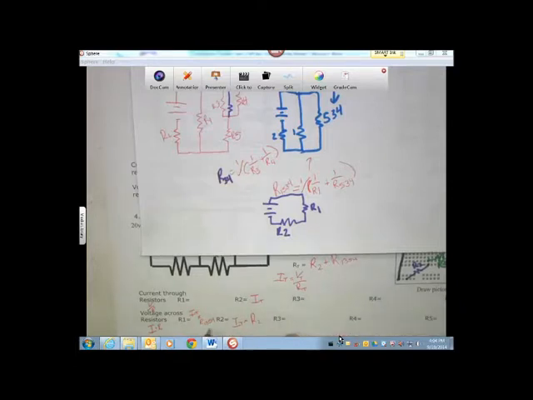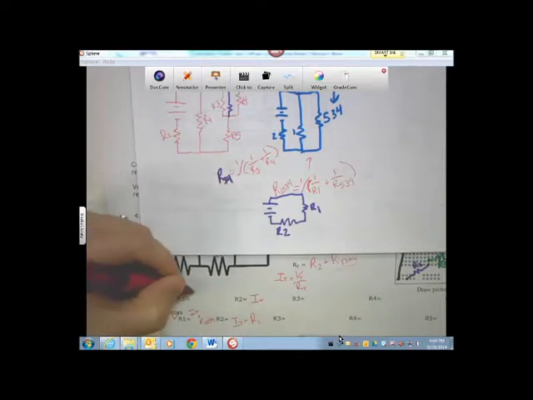So I can use that same information down here. Once I have that information, I can then determine the current that R1 would pull off the rest of the branches, and I use V over R because this gives me my voltage drop of R1, V of R1.